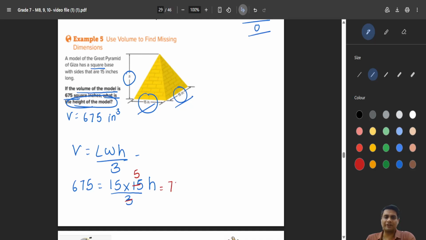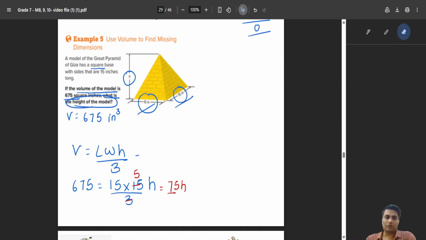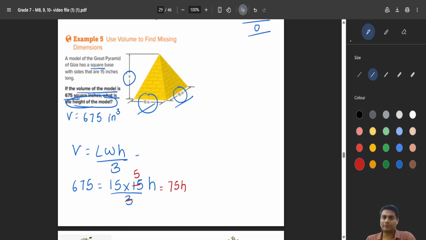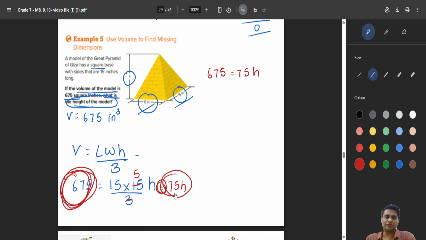So this will become 75 h. So what do I have now? Let me write it. The volume 675 is equal to 75 h, correct?